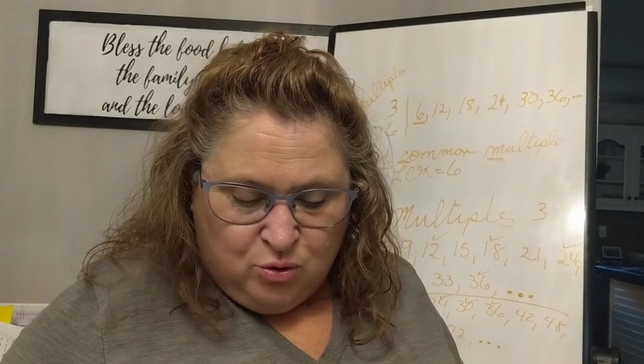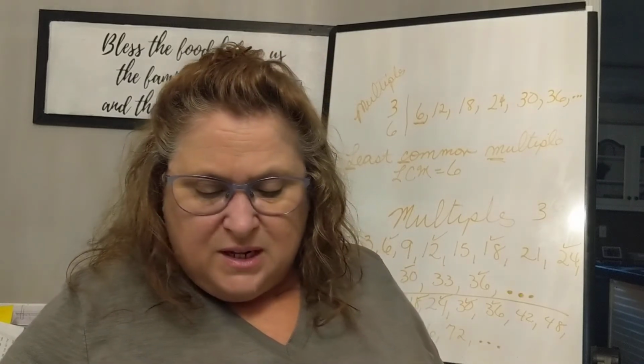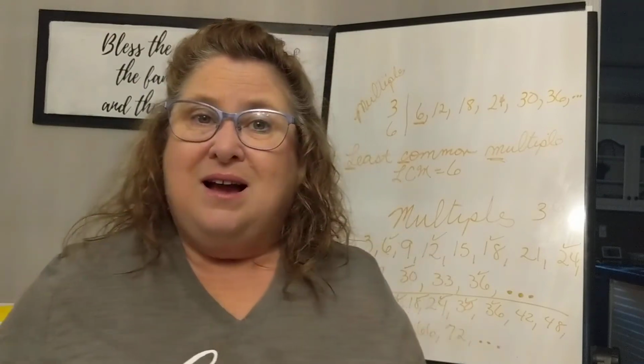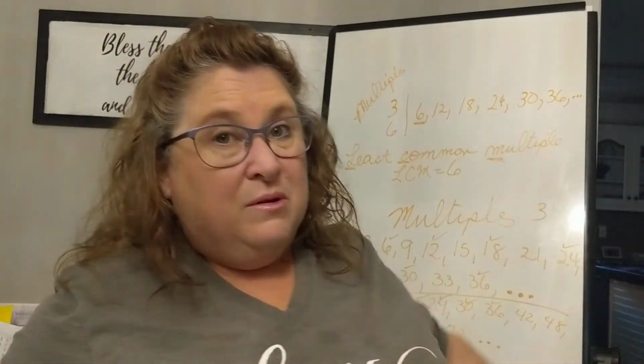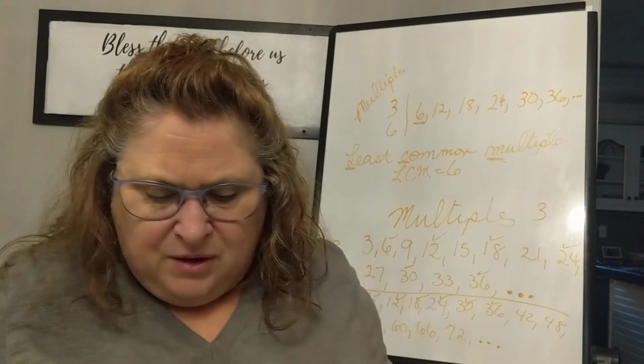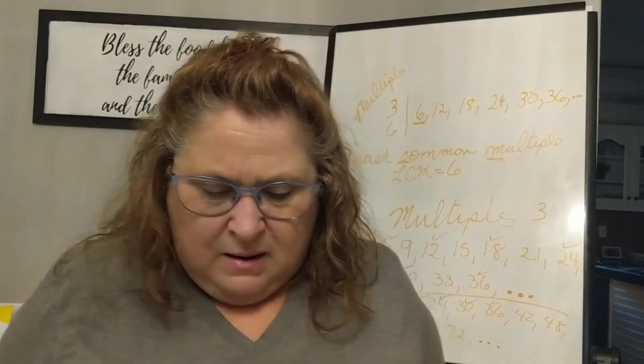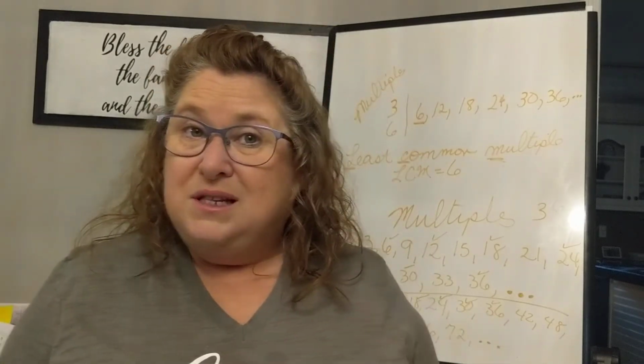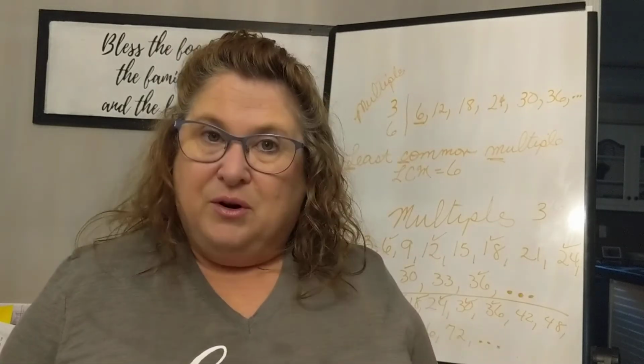Now, and then for the number 12, they wrote 12, 24, 36, 48, 60, 72, 84, 96, there's infinity numbers after that yet. So then for our common multiples between 9 and 12, they wrote 36 and 72. So then our least common multiple, or our LCM, would be 36.